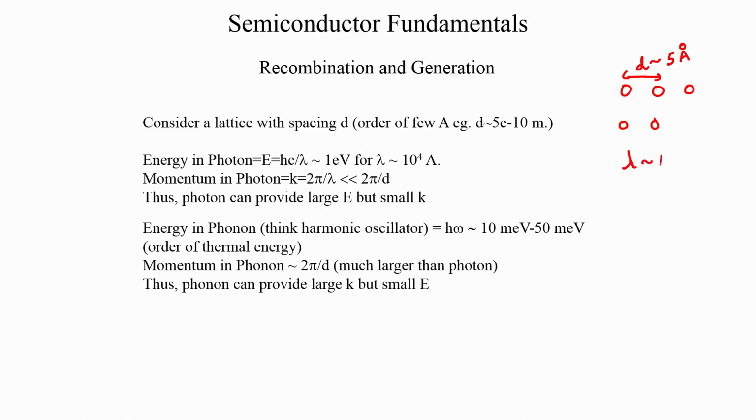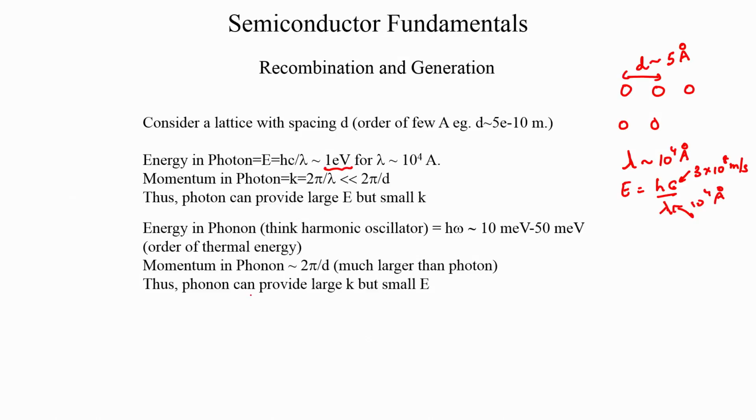So, let us say lambda is 10 power 4 angstrom. What is the energy of the photon? The energy of the photon is hc by lambda, where c is the velocity of light, of the order of 3 into 10 power 8 meters per second, and lambda is 10 power 4 angstrom. For this particular wavelength, the energy turns out to be about 1 electron volt.